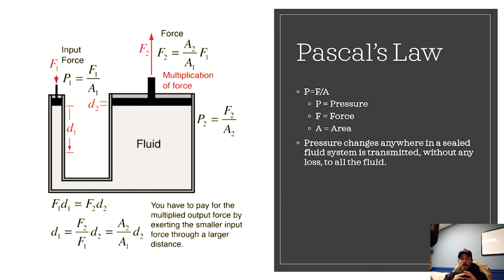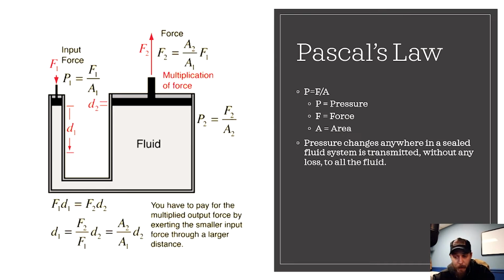So pressure changes anywhere in a sealed fluid system are transmitted without any loss, in a perfect environment, to all of the fluid within the system. Now, we're going to have pumping losses. We're going to have friction losses due to the tubing and the diameters we're using and overall components, environmental aspects.